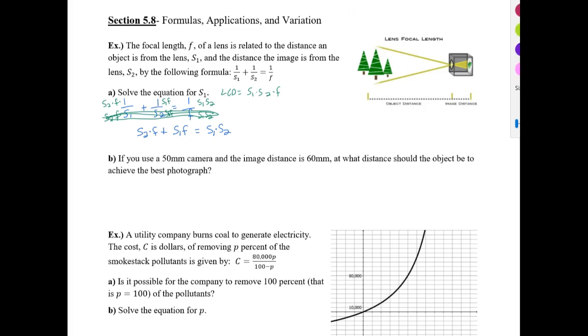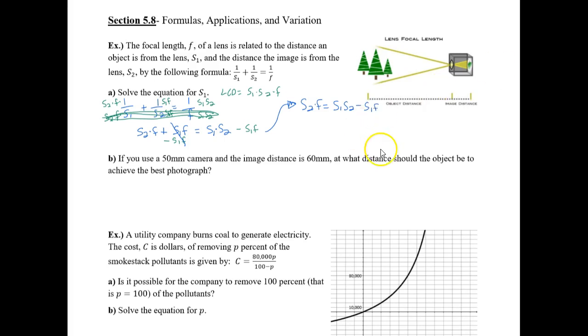So I'm going to subtract this S1F and move it to the right-hand side of my equation. This means S1F minus S1F is 0. I have S2 times F left on the left-hand side, and now S1, S2 minus S1F on the right-hand side.